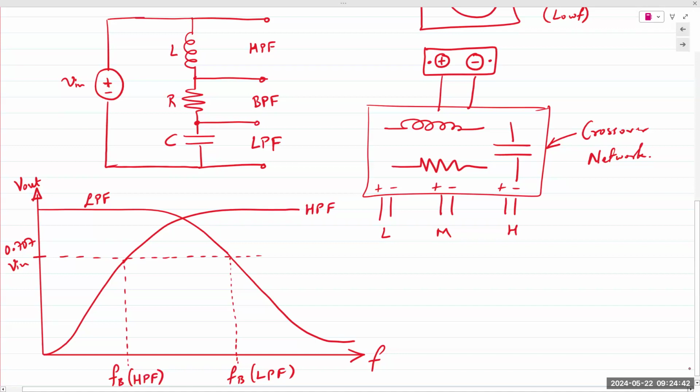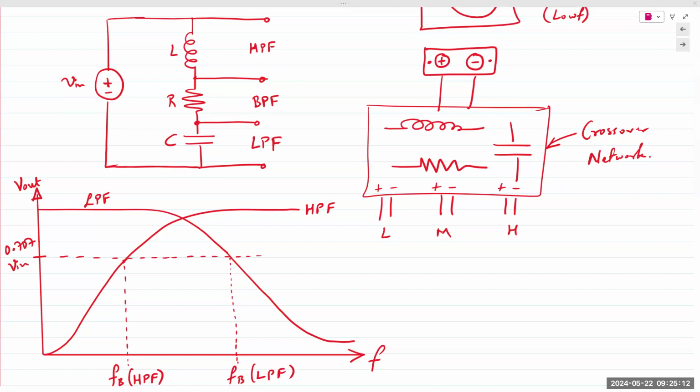Let's take a pause while you think on this. Let me know if you have any questions. Do the graphs make sense? We have two graphs, both representing two individual circuits. But if we combine them together, you have a high pass filter and you have a low pass filter.